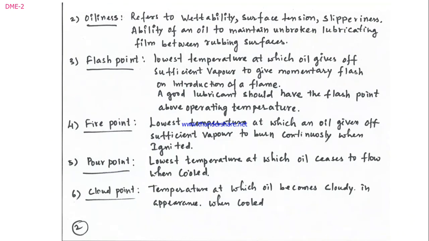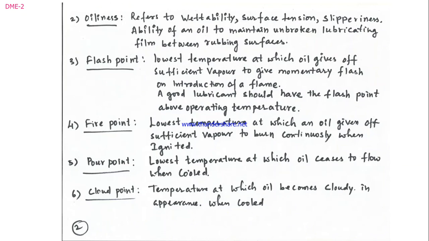Ideally a good lubricant should have a flash point above the operating temperature. For example, suppose a lubricant is used in a mechanical or engineering application where the operating temperature is in the range of 0 to 100 degrees Celsius. Definitely your flash point should be above 100 degrees Celsius.